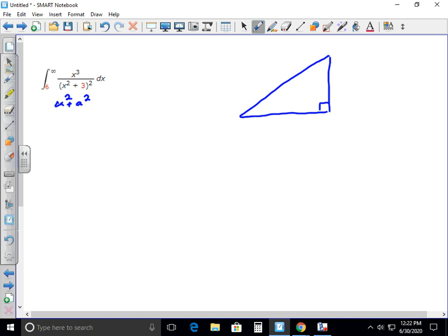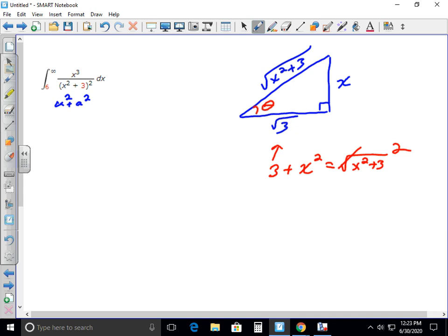So if this is u squared and a squared, then u is here, a is here, and then the square root of u squared plus a squared is there, where we call this theta. If you think about this, Pythagorean theorem, that side squared would be 3, the other side squared would be x squared, and that equals the hypotenuse squared.